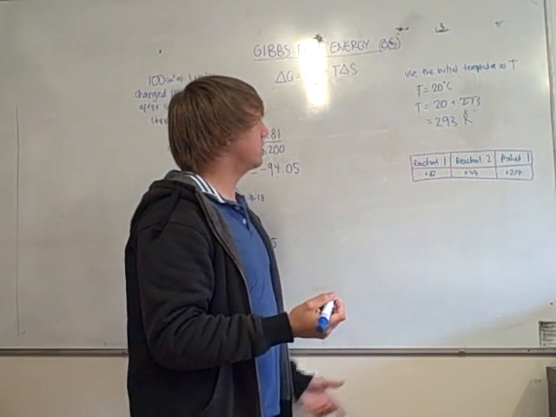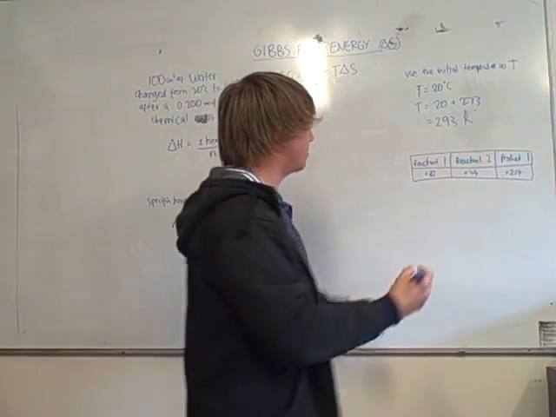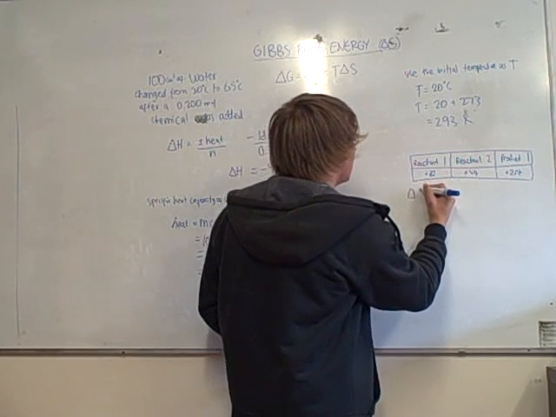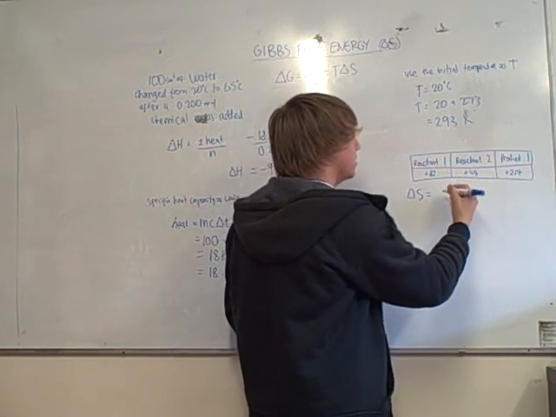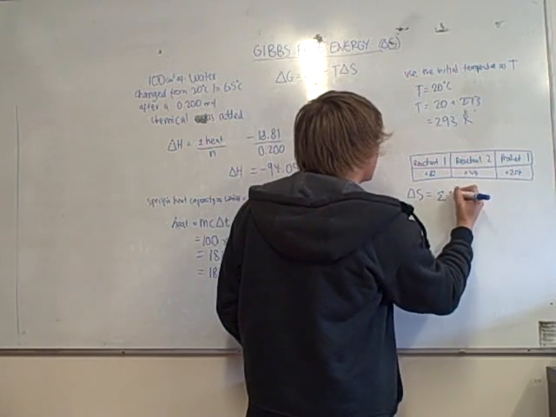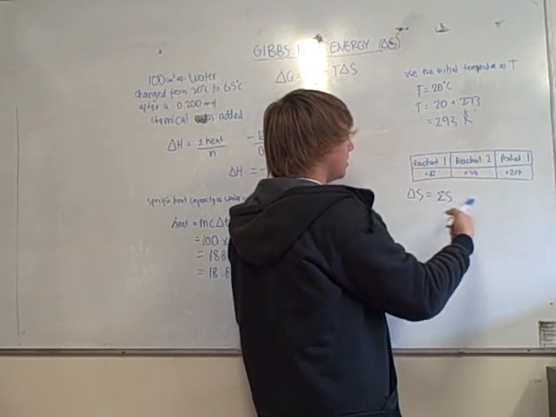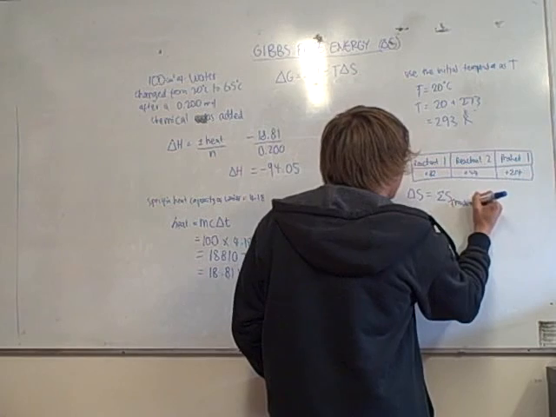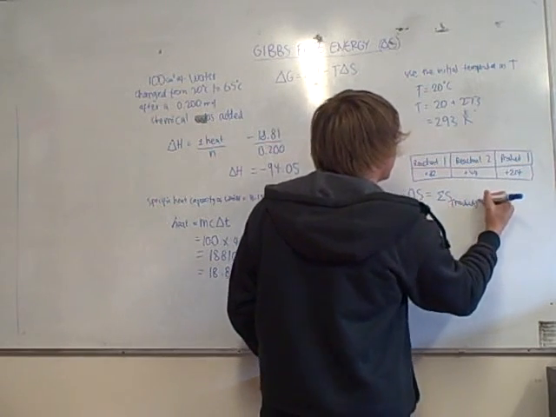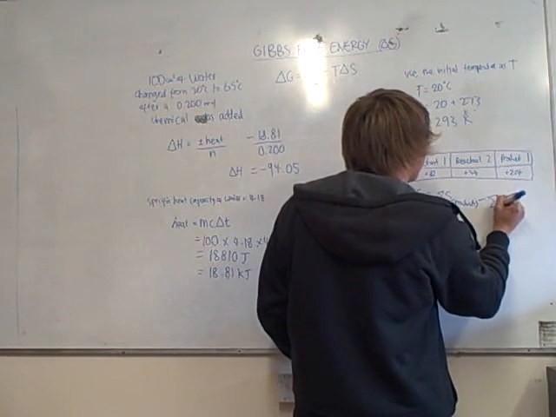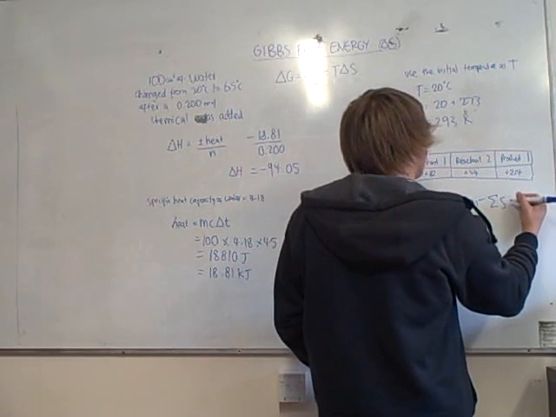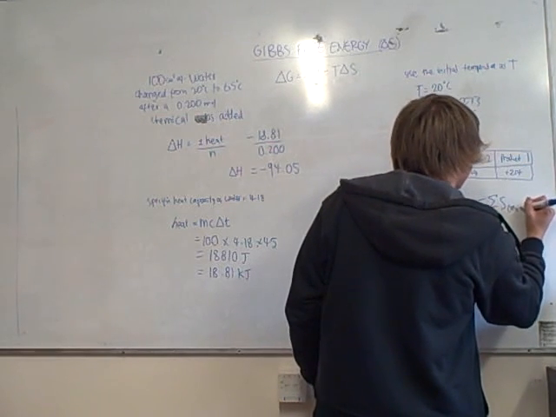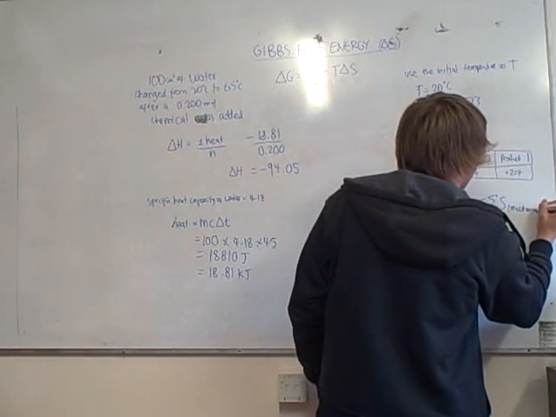Now we need to move on to the delta S. To find out what delta S is, that equation is the sum of the entropy of the products minus the sum of the entropy of the reactants.